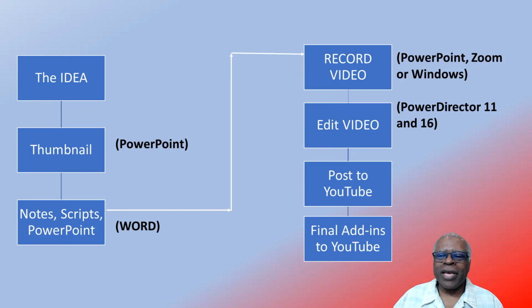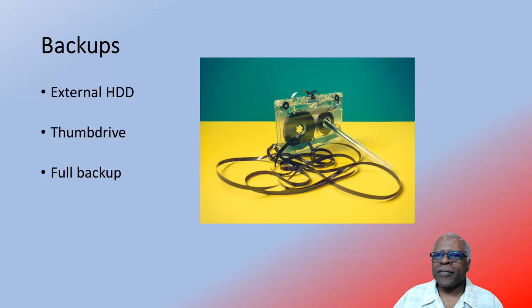There's probably simpler ways with other software, but this is the software that I had, and that's what I'm using. As far as backups, I use an external hard drive for all of my data. I use a thumb drive to record the PowerPoint folder and put it in the safe just in case, or if I'm traveling.